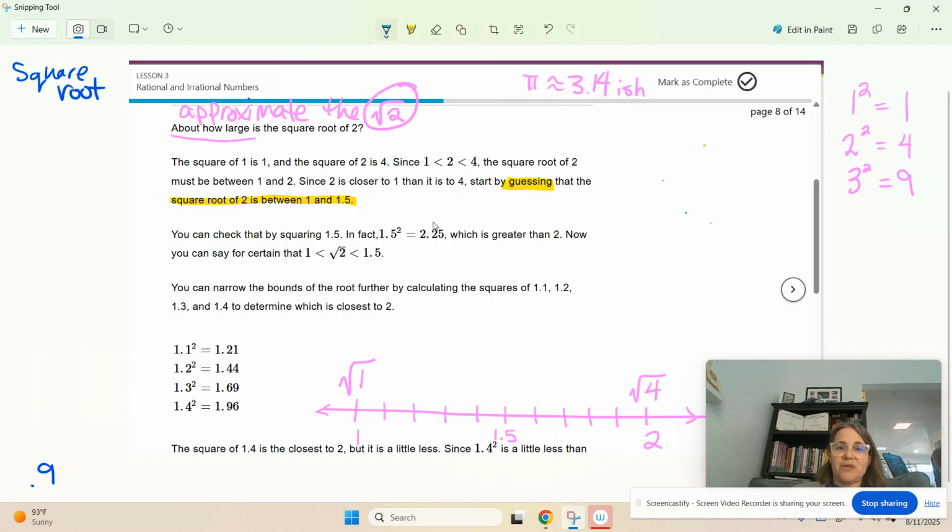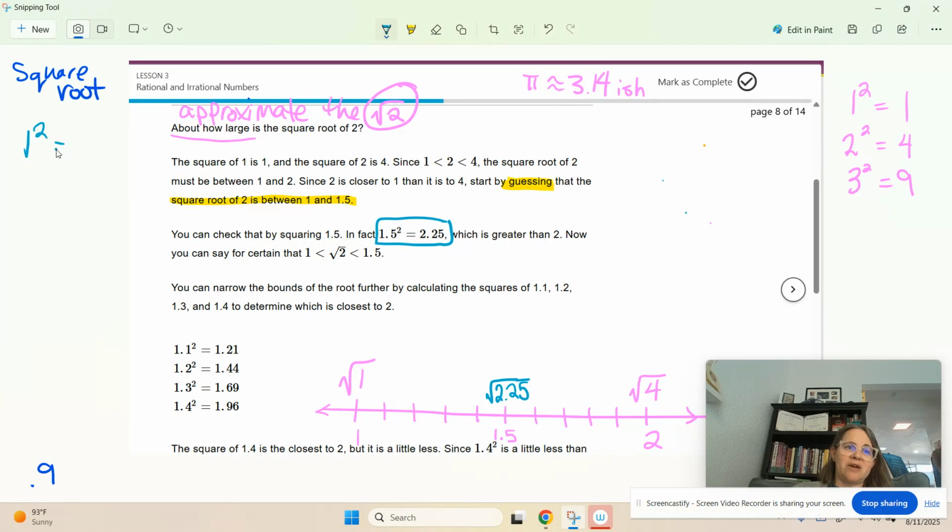So first they do this work here. They say 1.5 squared is 2.25. Okay. Here's what they're talking about. If you take the square root of 2.25, you're going to get 1.5. How do I know that? Well, because squares and square roots are opposite.